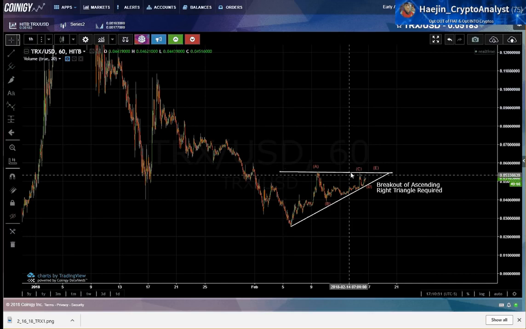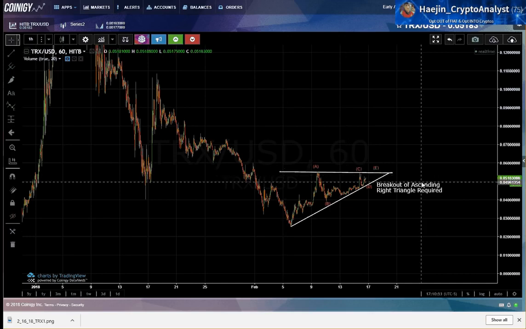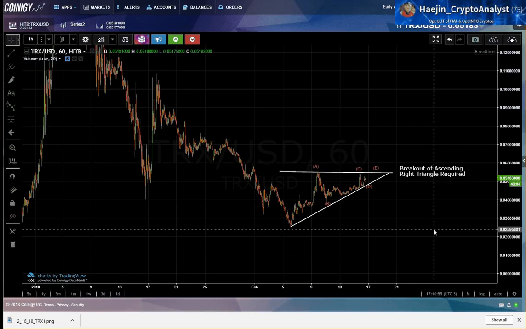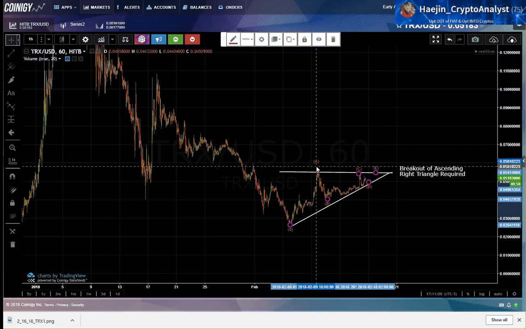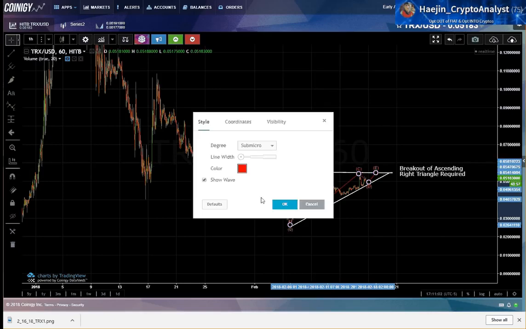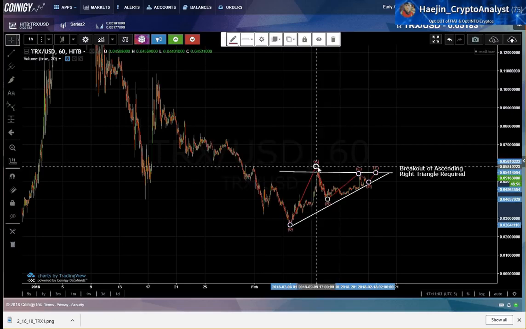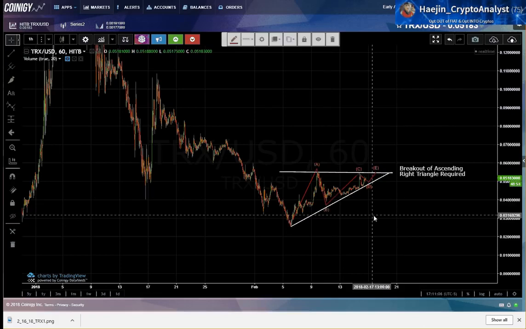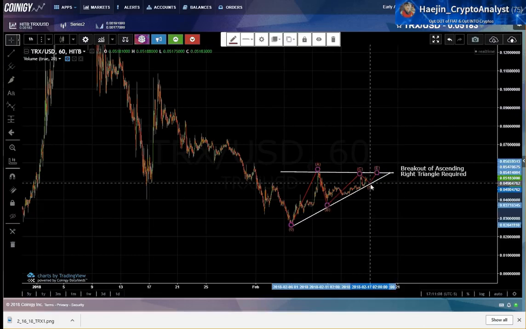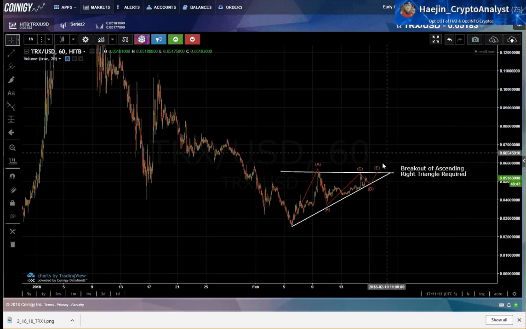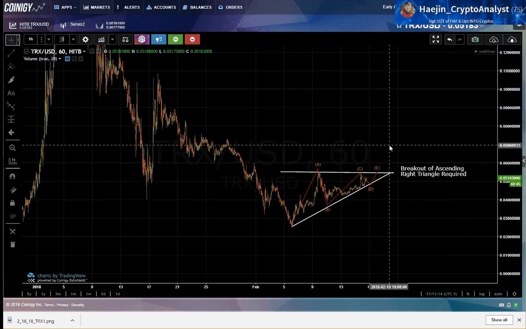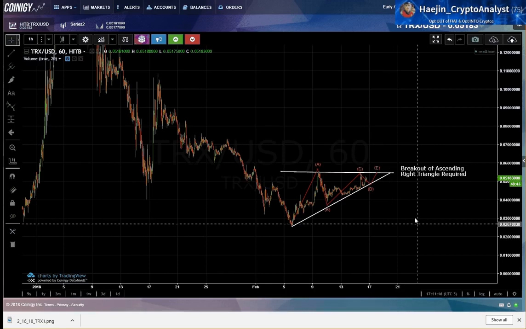There's a bit of a bearish connotation there too. And if that's what happens, we need to still see that breakout of this upper line of the ascending right triangle, lest there be propensity of the price to decline.